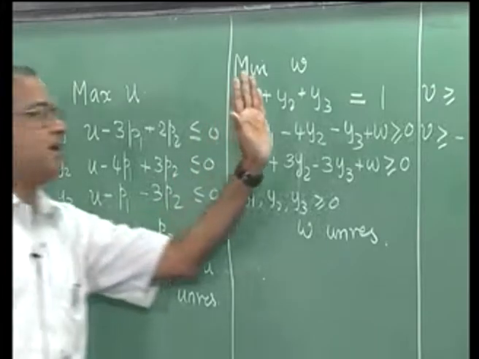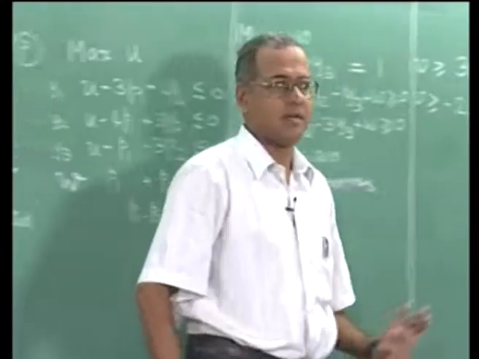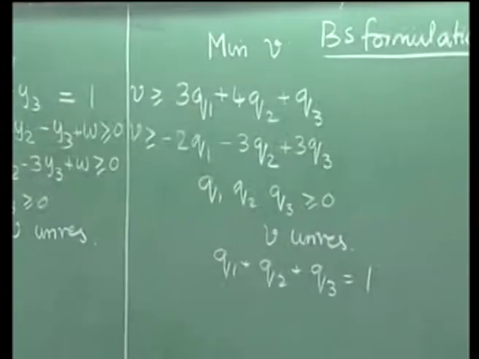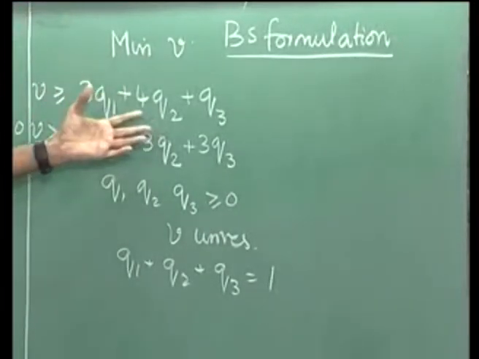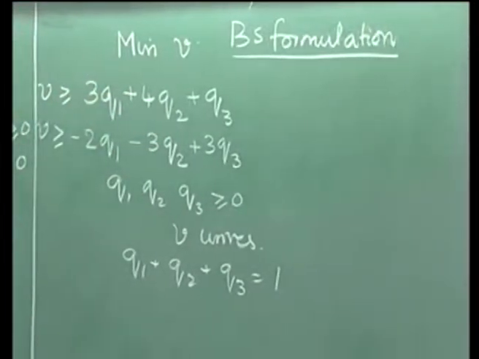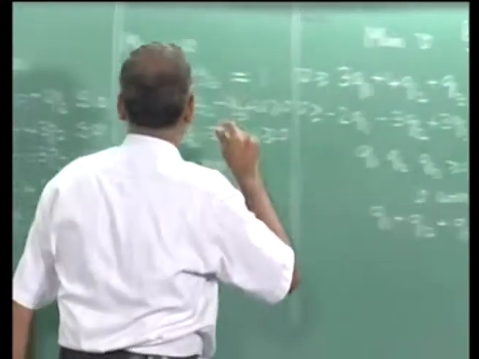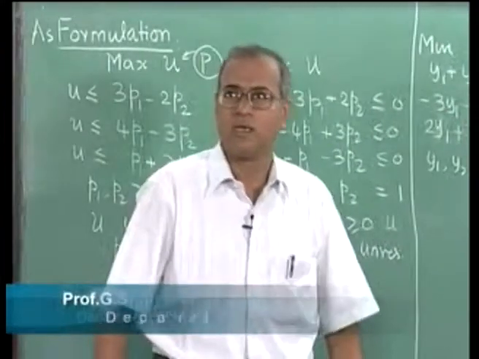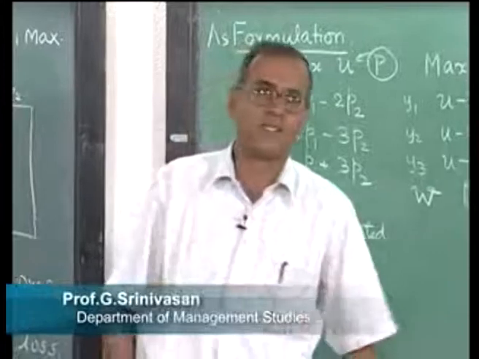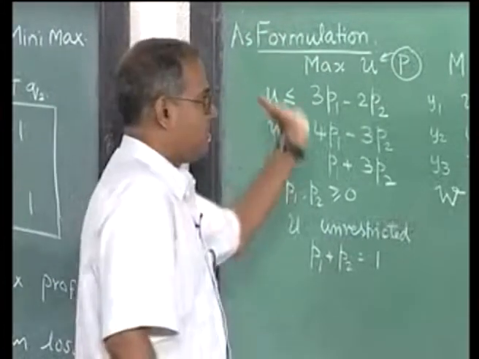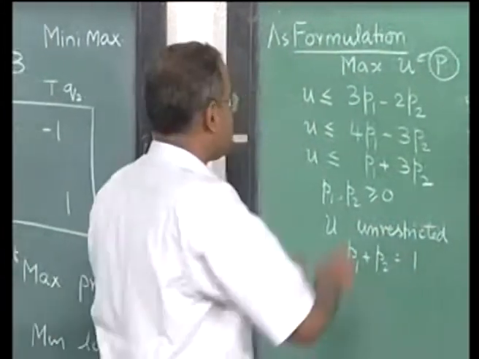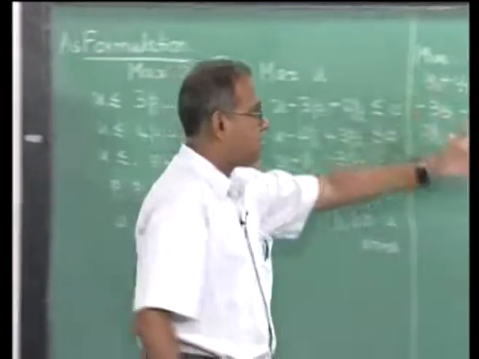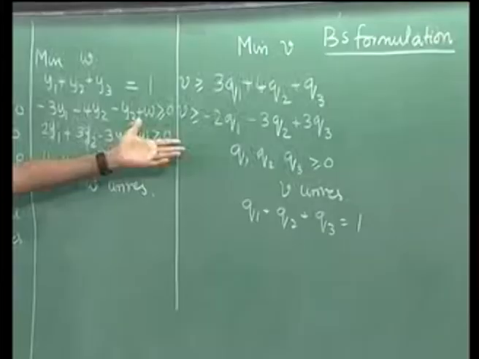And then if we compare this with this, we understand the dual of A's formulation problem is actually B's problem, where y1, y2, y3 are the q1, q2, q3 and w becomes V. So there is a primal dual relationship between A's problem and B's problem. So if we solve one of them, we can apply the duality principle to solve the other one.